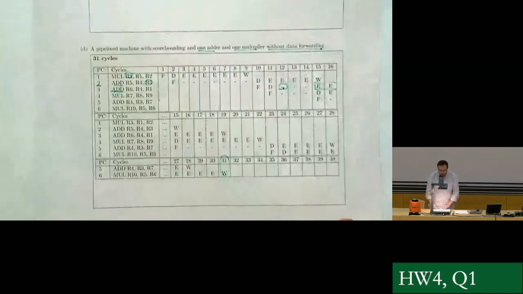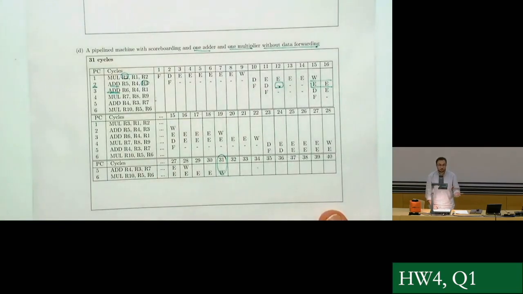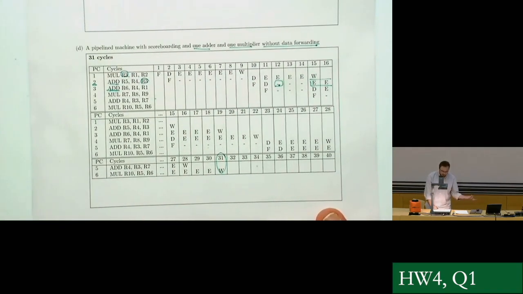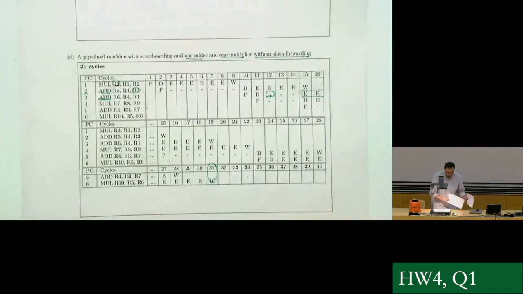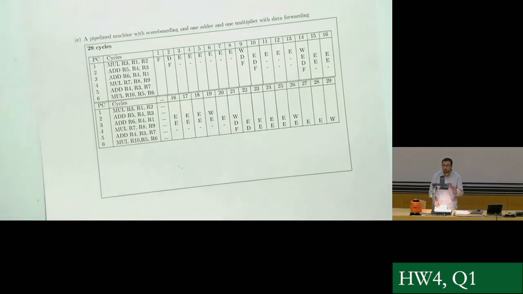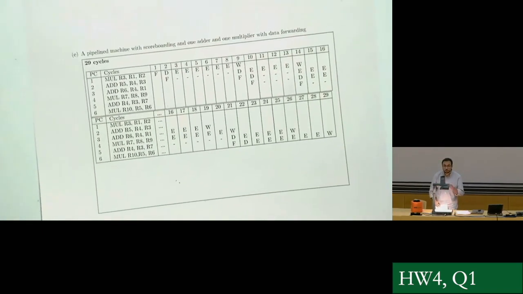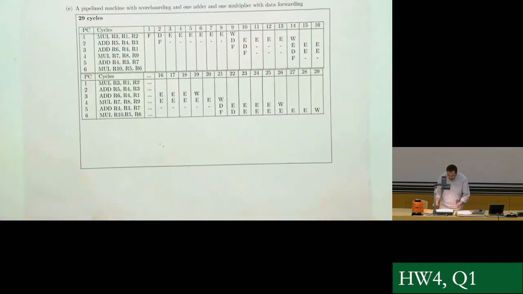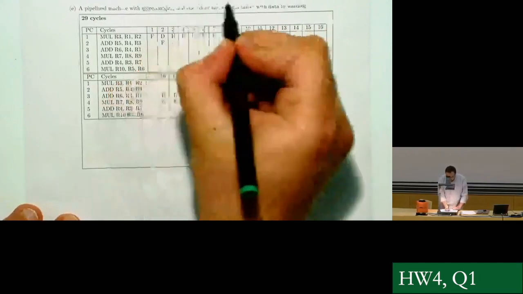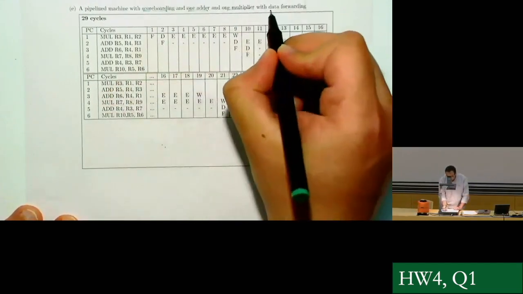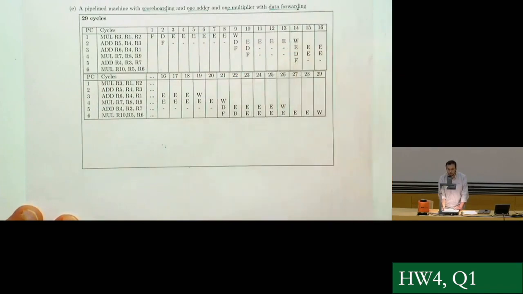Now we have lost 3 cycles because we don't have additional adders and multipliers. And the last question is, if you do not have, do you have a question? Okay. So the last part, the same story. We have scoreboarding, 1 adder, 1 multiplier with data forwarding.